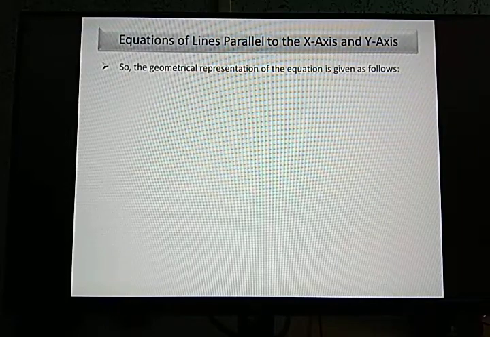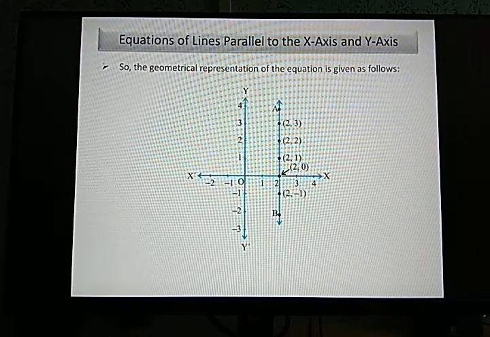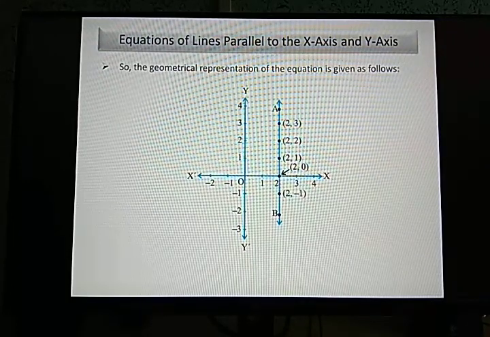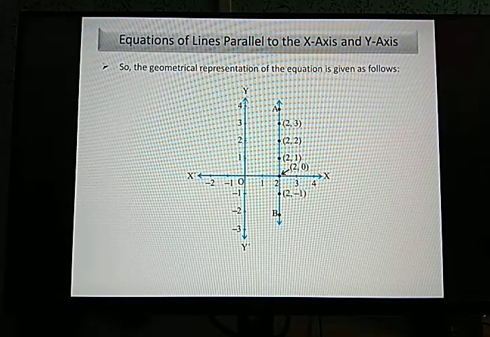The geometrical representation of the equation will look something like this. After plotting all the points, that is 2 comma minus 1, 2 comma 0, 2 comma 1, 2 comma 2, 2 comma 3, we get a line which is parallel to the y-axis. Can you see it? Yes. So it is a line which is parallel to the y-axis.